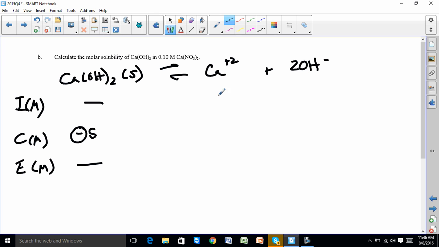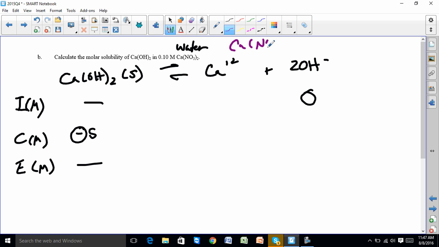Now, what makes this problem difficult is right here. You're not dissolving it in water. You're dissolving it in a calcium nitrate solution. All nitrates are soluble. I'm going to switch colors to purple.